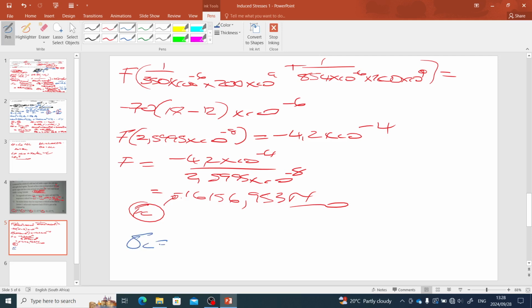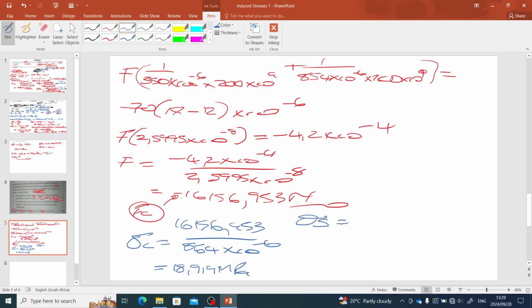We are having the stress copper equals to 16,156.953 divided by the area copper, which is 854 times 10 to the power negative 6. Now we get our answer as 18.919 megapascal.